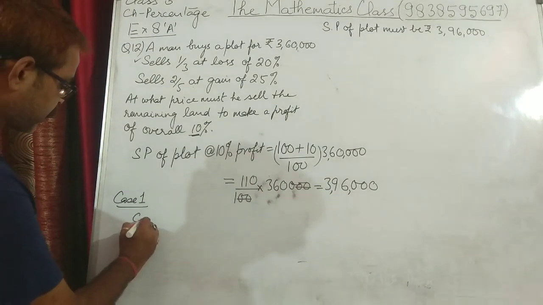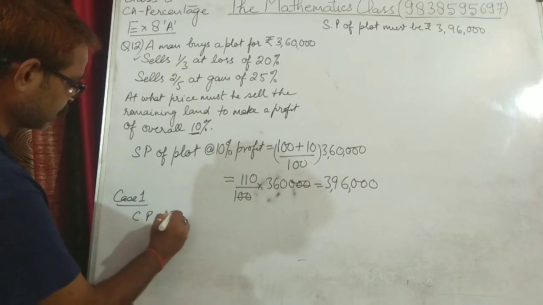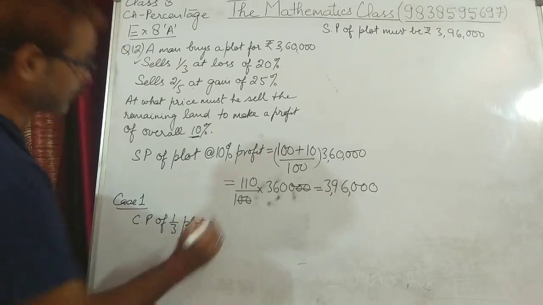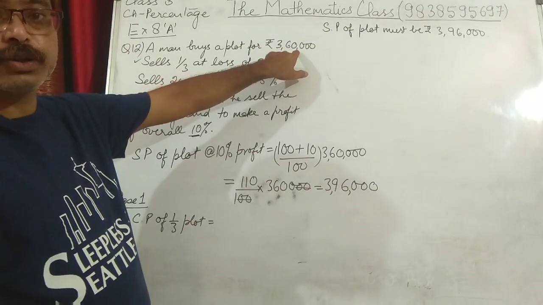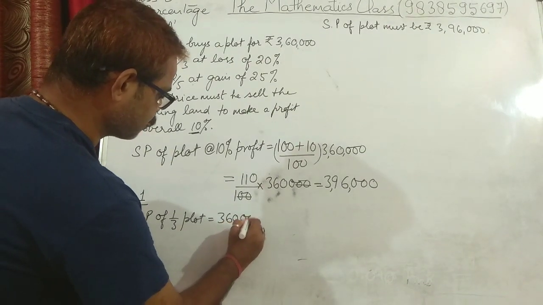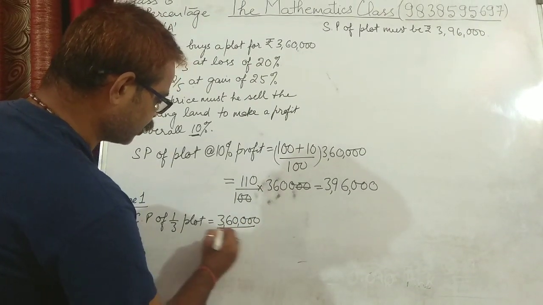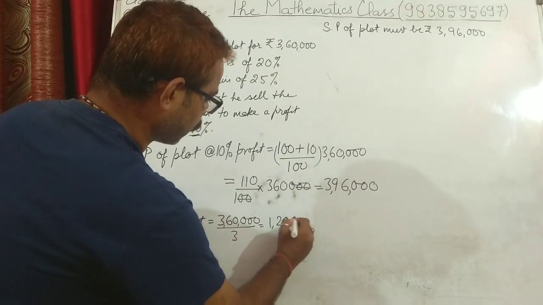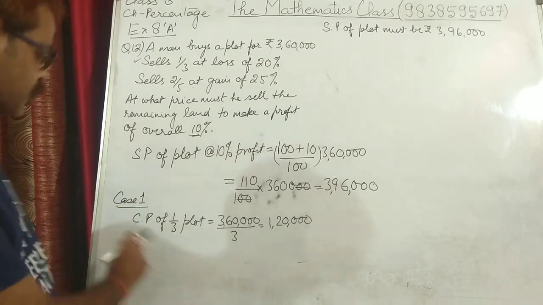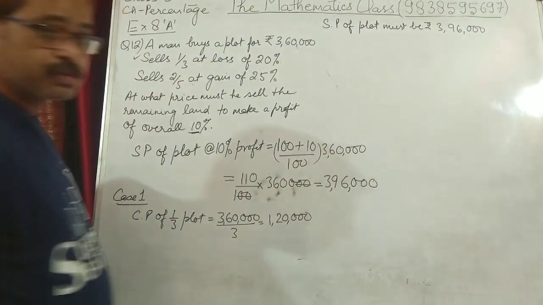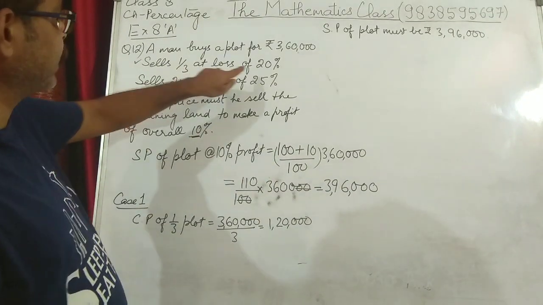So the cost price of the 1/3 plot will be 1/3 of the total amount, that is 3,60,000 upon 3, that is 1,20,000. It means the cost price of 1/3 of the plot is rupees 1,20,000.